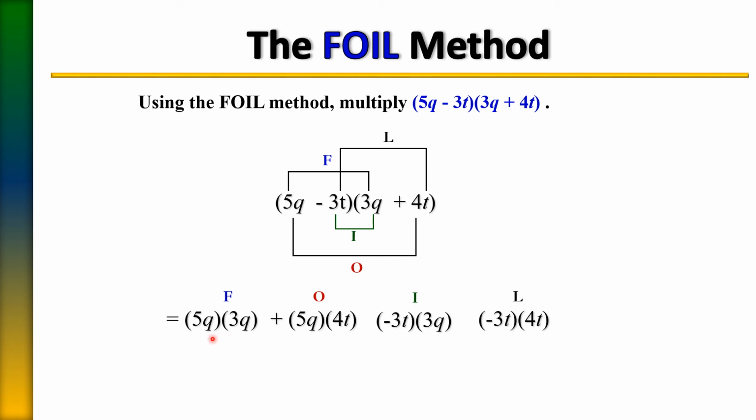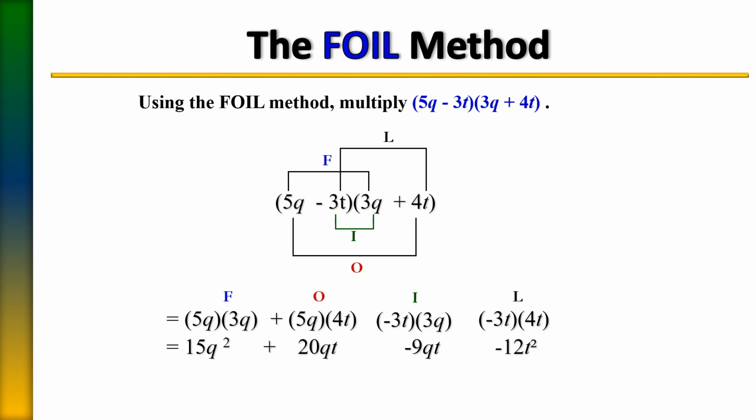2, yes. So that's 15q squared plus 20qt, and we always say it in ABC order, whichever letter comes first, minus 9qt, negative 12t squared.